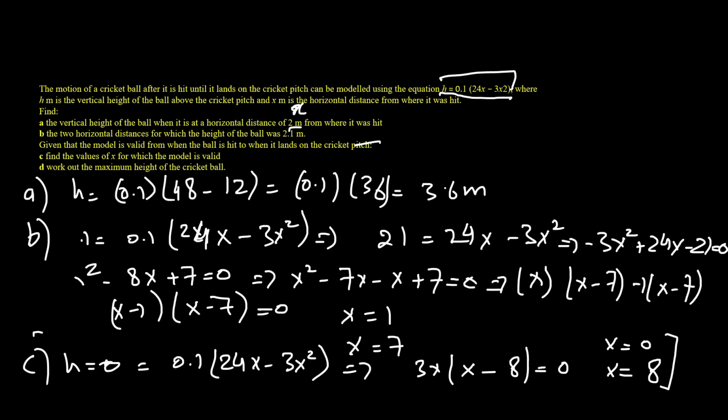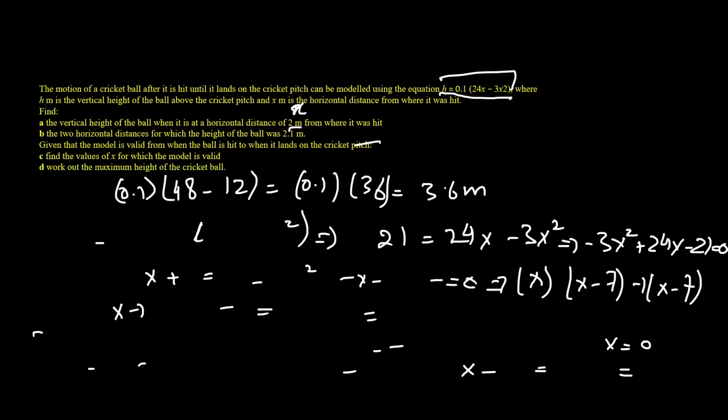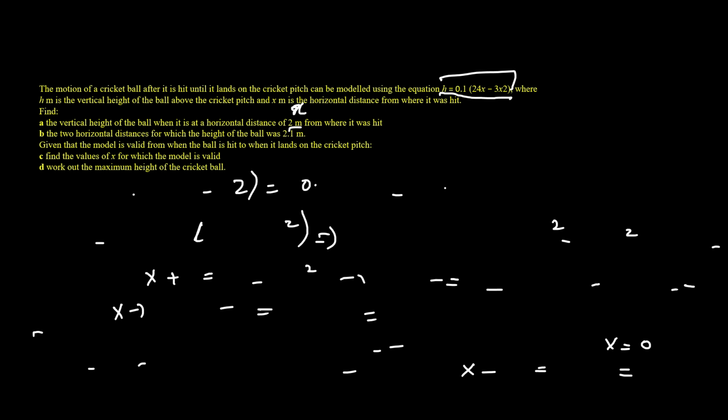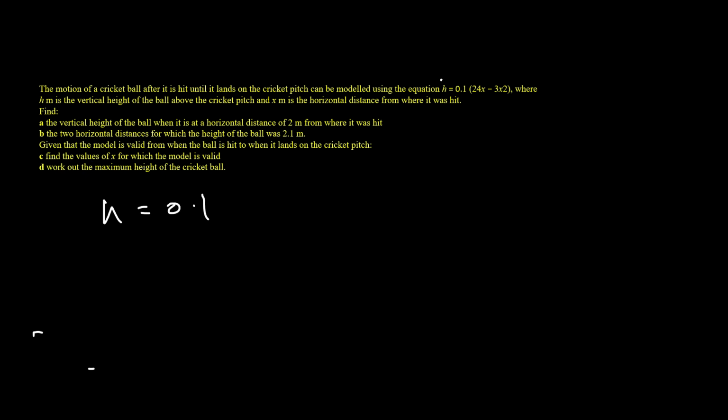So let's erase a few things from here. So h is equal to 0.1 times 24x minus 3x squared.